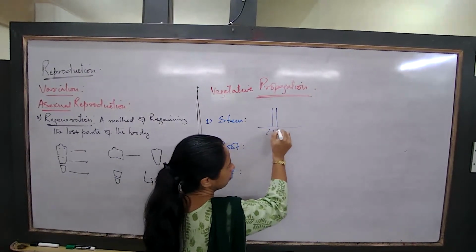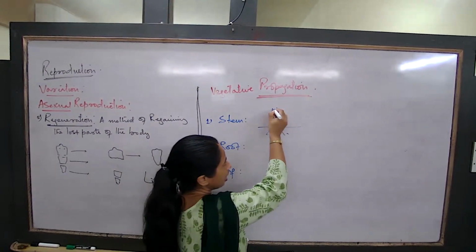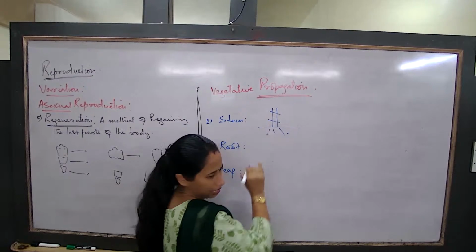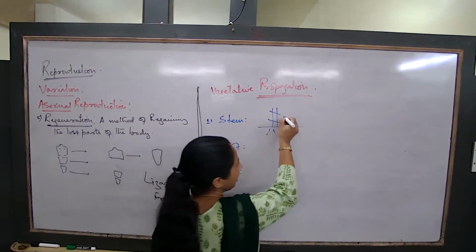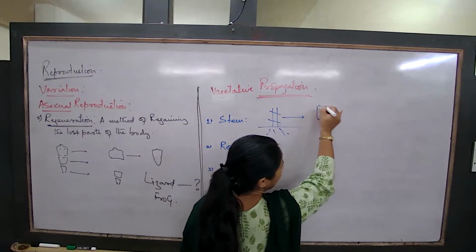Vegetative propagation. So I may talk about any particular plant. Now say suppose this particular plant has the stem and I try taking stem cuttings. Now this is one stem cutting that I get.